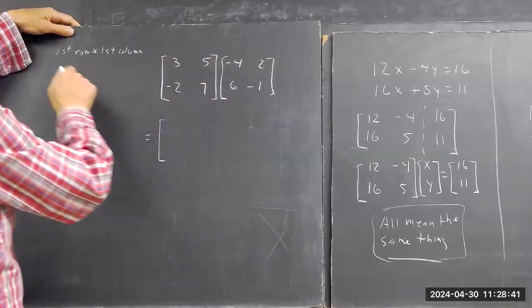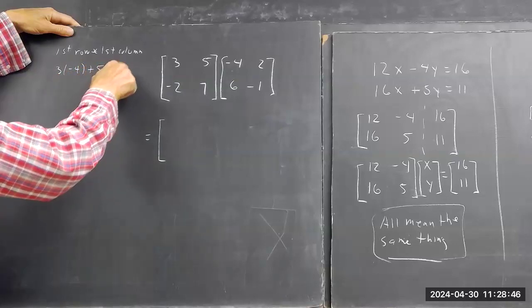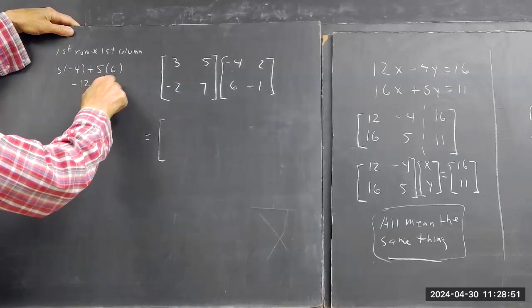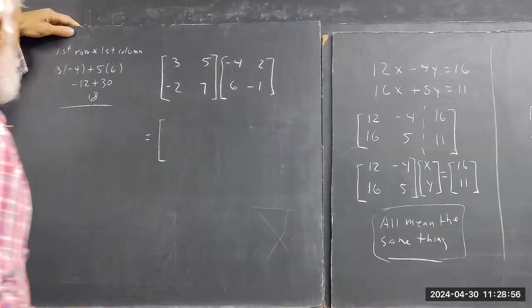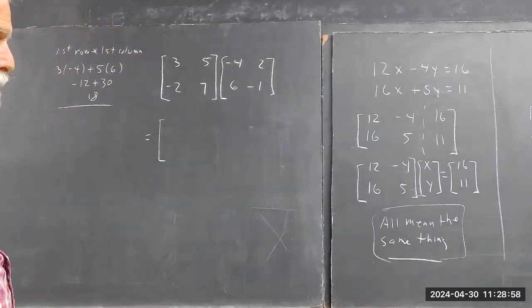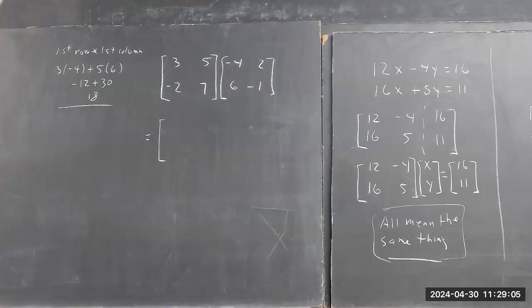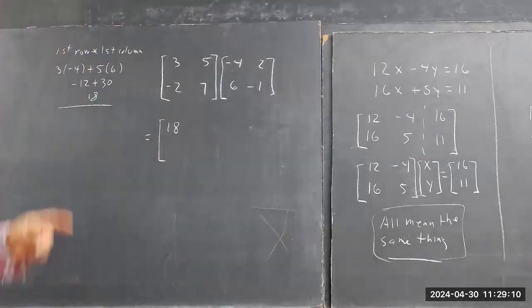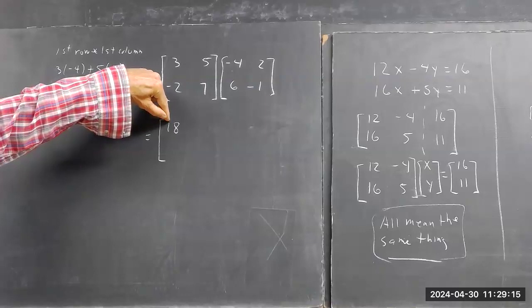That's going to be 3 times -4 plus 5 times 6, which is -12 plus 30, which is 18. Now that came from the first row and first column. So the first row and first column of the matrix that we're going to form here is right here. Not much choice about where to put that. Since it came from the first row and first column, we put the number in the first row, first column.